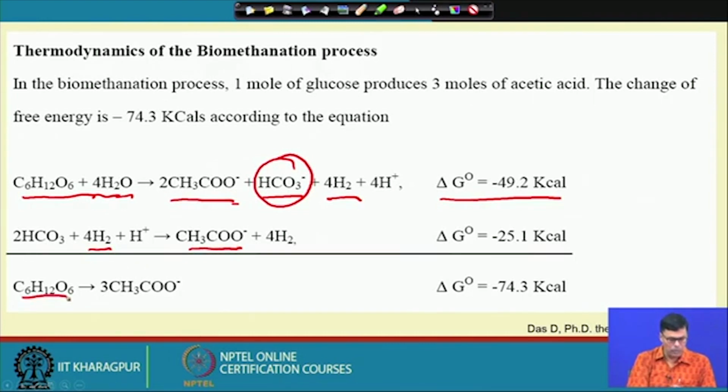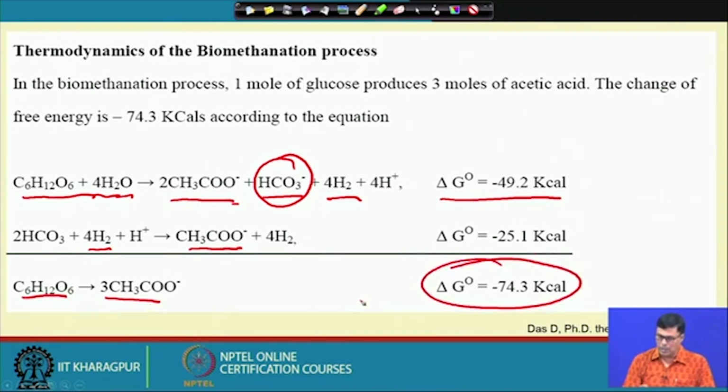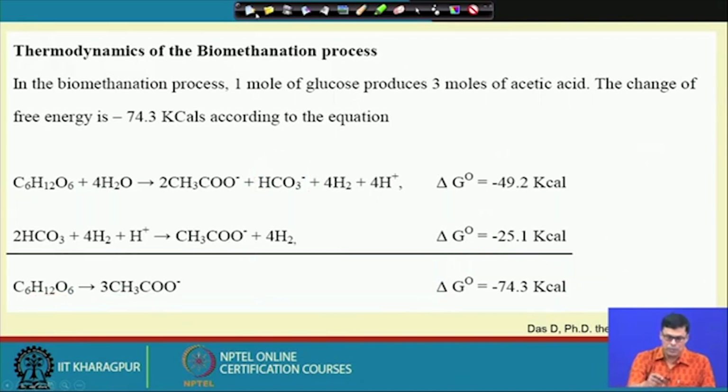One mole of glucose usually produces 3 moles of acetic acid. The total free energy change of this system is minus 74.3 kilocalories. So this free energy change clearly indicates that the reaction is favorable. If you look at the anaerobic digestion process, the acid formation steps are quite fast, and so we do not have much problem with acid formation.